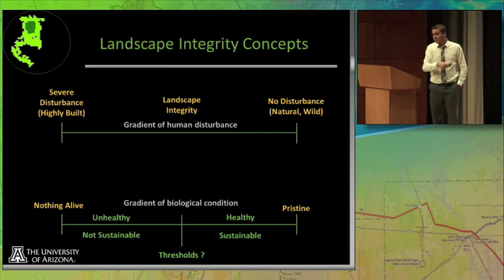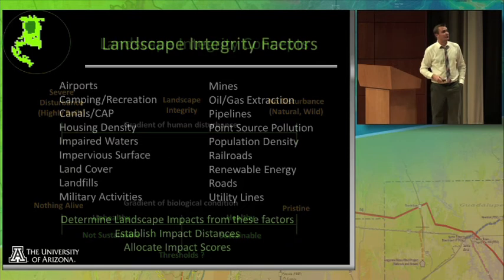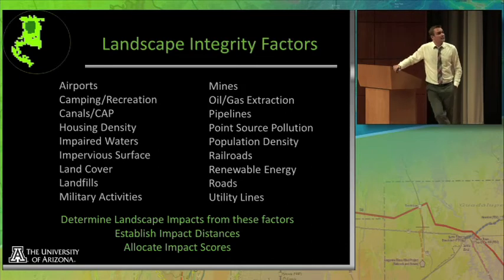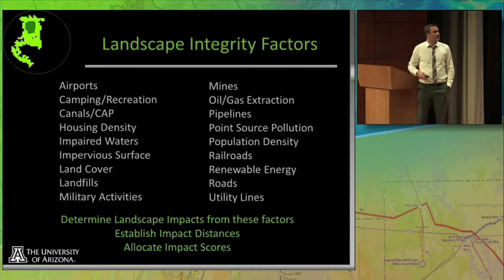But lots of folks are utilizing this as an effective proxy for what we were looking at. So landscape integrity is the stuff we build, the stuff that is pervasive throughout Arizona, factors that are readily available in the short time frame that we had, that we can start to inventory to develop this human footprint and/or landscape integrity.